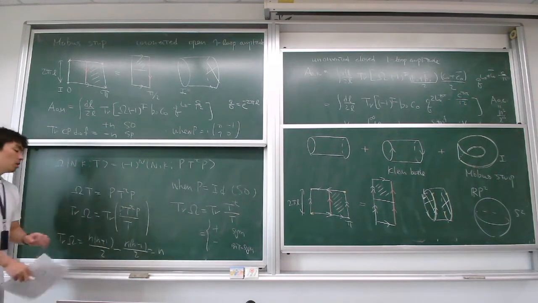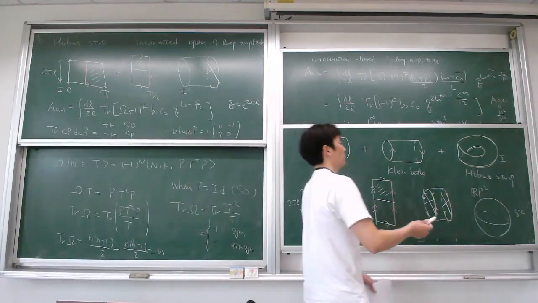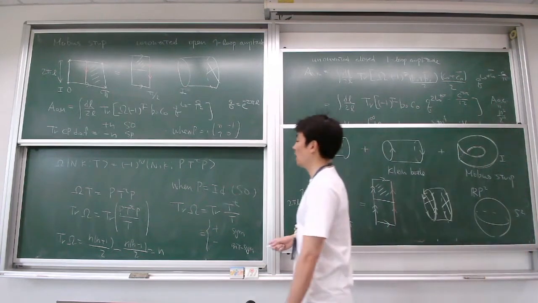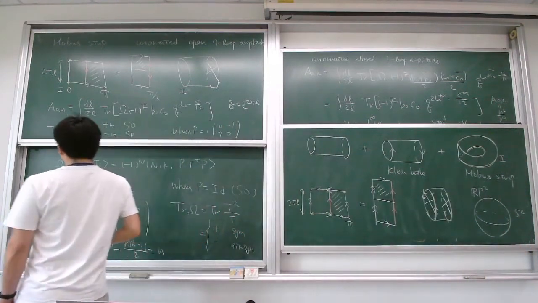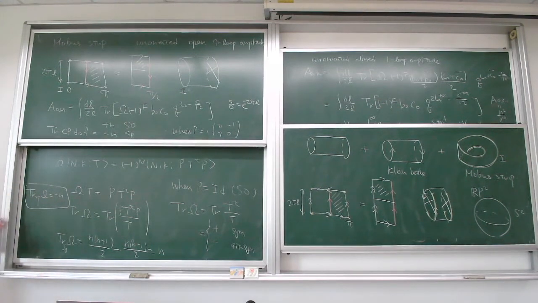So this is consistent with what we observed from the intuitive picture: you can only have n Trumpet degrees of freedom up to sign. Indeed, this is SO. If you do SP, you get minus n. This will be an exercise, and I will make it clear in the homework.